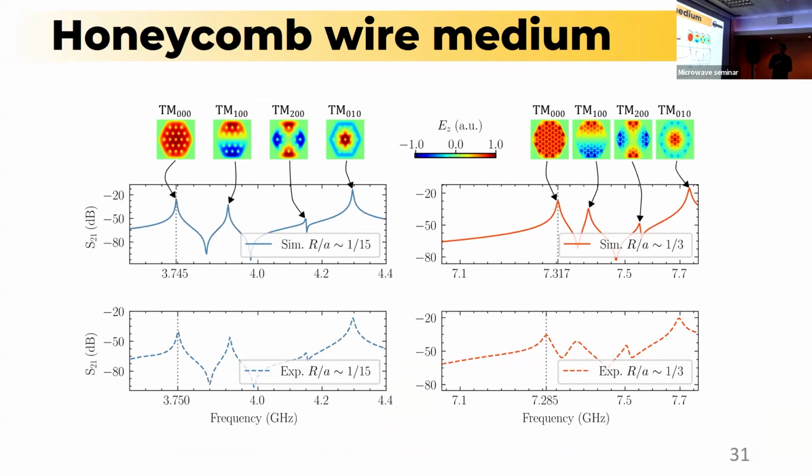And we can see that effectively this fundamental mode looks uniform in the field monitors of CST. And in the experiment, we can check also that we effectively have a drastic change in the plasma frequency from 3.750 to 7.285, indicating that we have a tuning range above 60% for this structure.